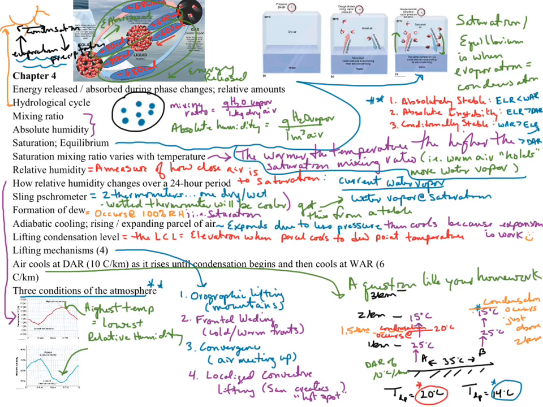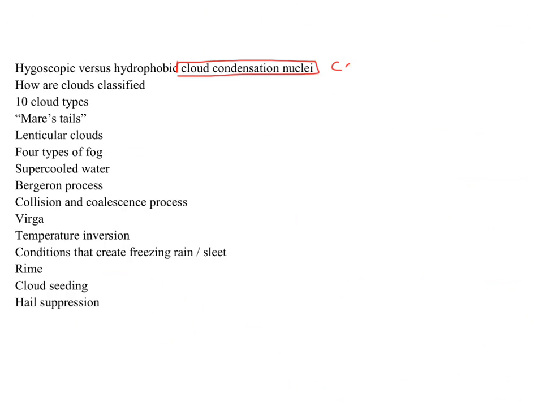Absolute instability is when the environmental lapse rate is greater than the dry adiabatic rate of 10 degrees Celsius per kilometer. And conditionally stable means that your environmental lapse rate is between your WAR and your DAR, so it must be between 5 and 10 degrees Celsius per kilometer. I know that's a lot in chapter 4.